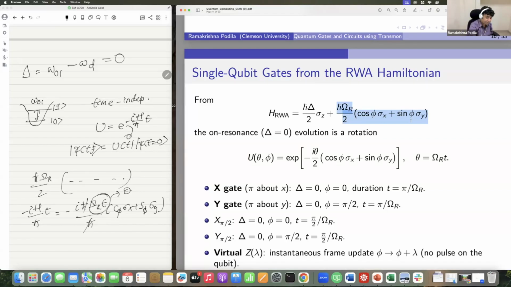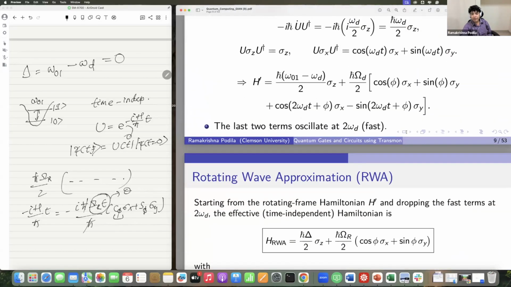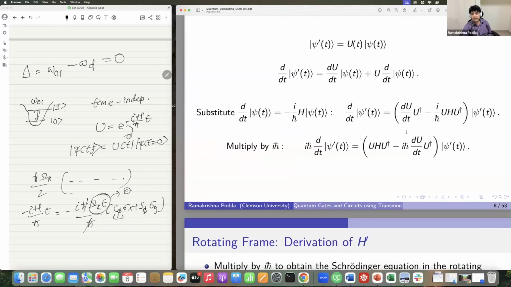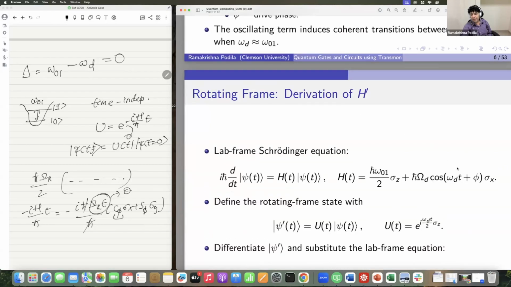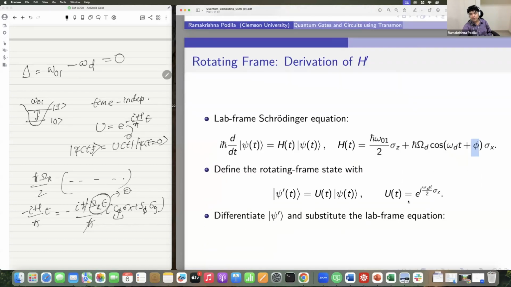And this phi inside the Hamiltonian is coming from the frame rotation when we did, if we go all the way back. That is coming from the way we delay the input pulse, right? That is the phase in the input microwave pulse.